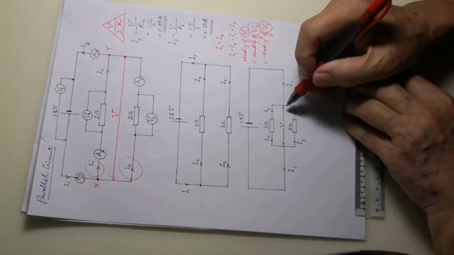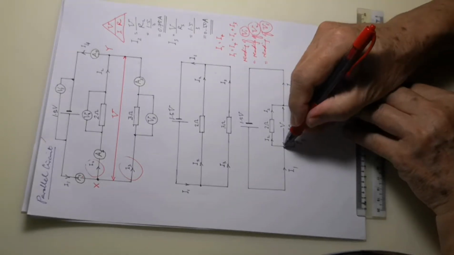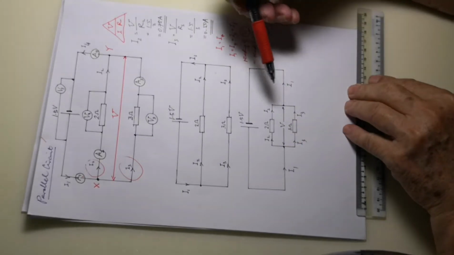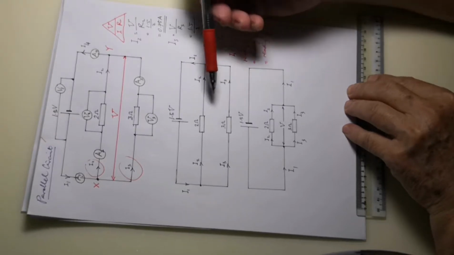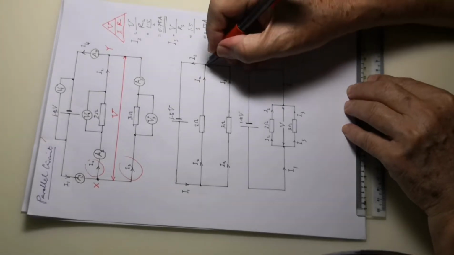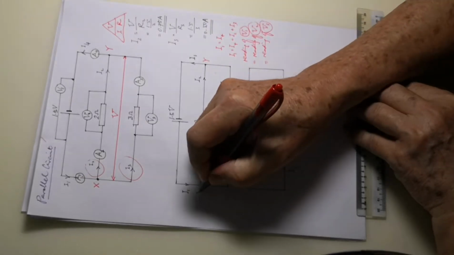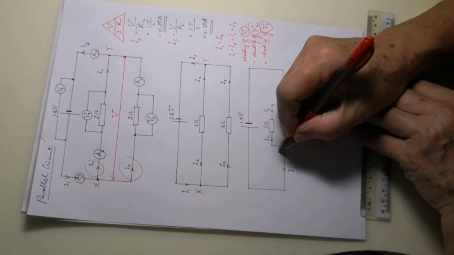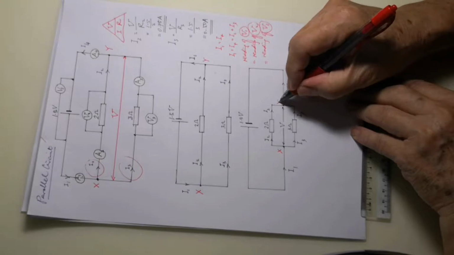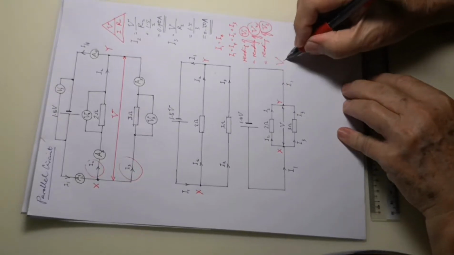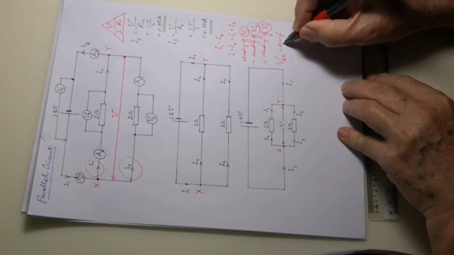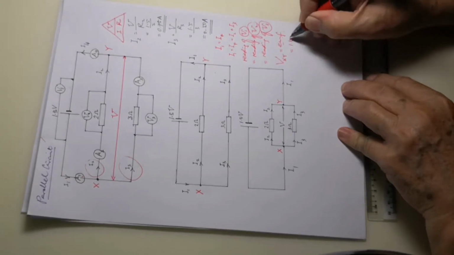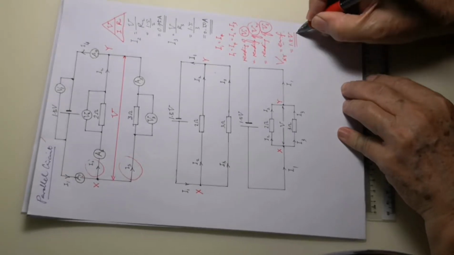I would like everyone to appreciate that circuit-wise, these two circuits are exactly the same, because this point is X, that point is Y, and this is X, and that is Y. The potential difference of XY remains equal to the EMF of the cell, which is 1.5 volts in all instances.